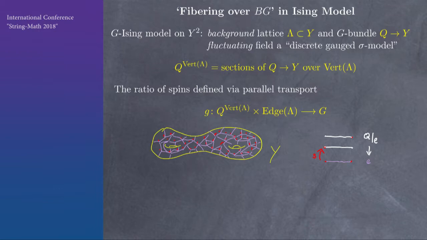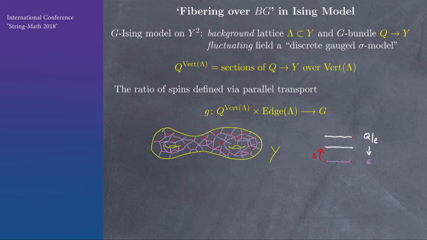So spreading over BG means coupling to a field with values in BG, which is to say coupling to a G bundle. So instead of having our Ising spins, which are functions to the group G on the vertices, functions from the vertices to G, what we do is we give ourselves a background G bundle, I'm calling that Q, over Y, and now we have a section of the G bundle over the vertices.